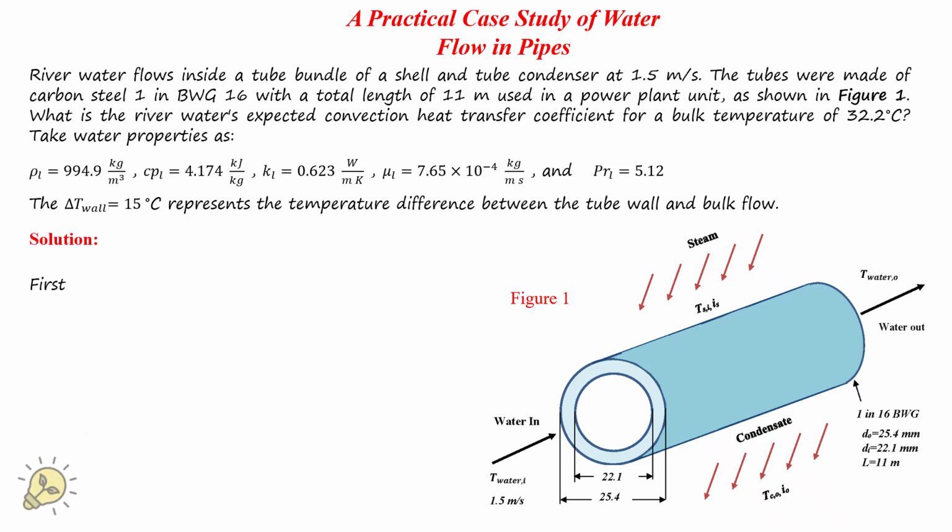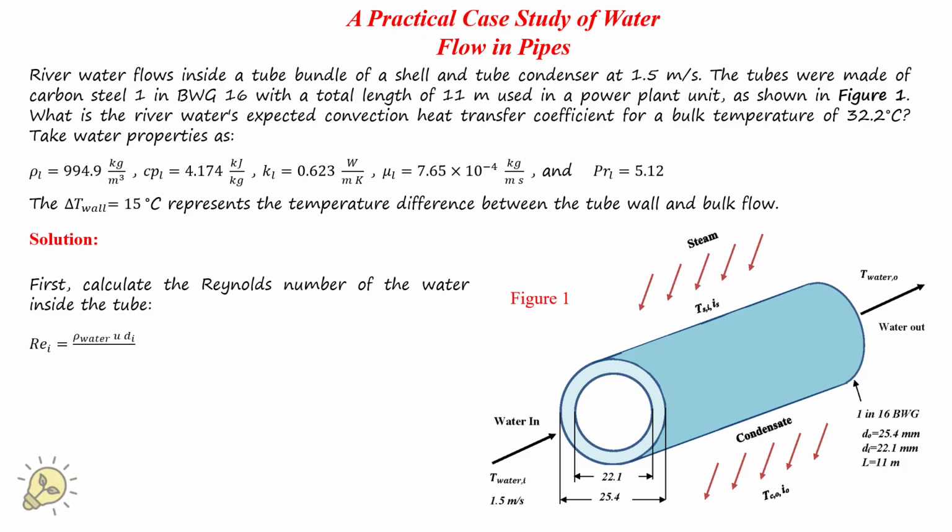The solution. Usually for fluids that pass through a pipe in a convection mode, we should start from the estimation of Reynolds number inside the tube to find in which region we are dealing with this case.